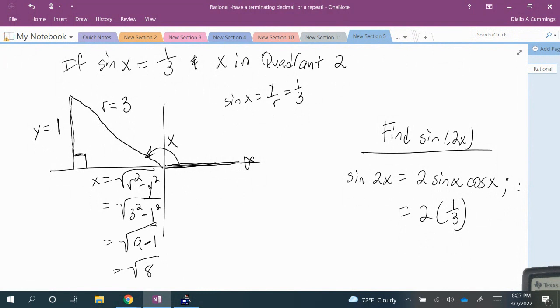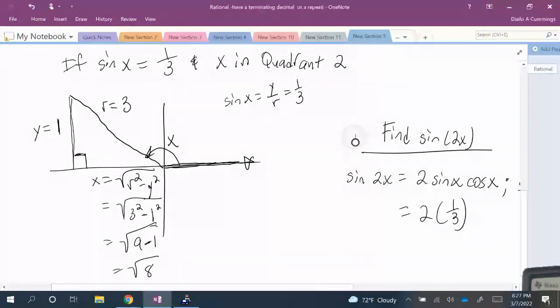Keep in mind, anytime we deal with radicals, and I forgot to do this in the algebra introduction, we want to make sure that all radicals are simplified.